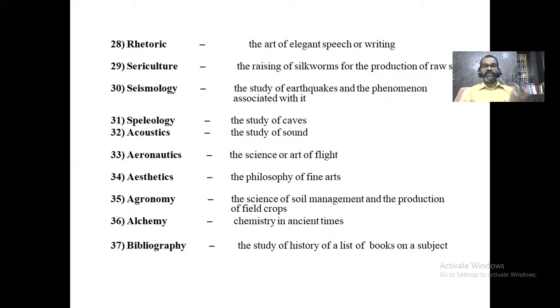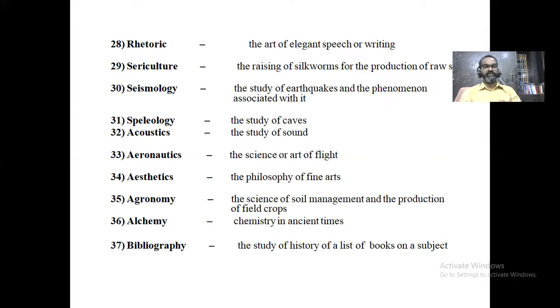And agronomy. Agronomy is the science of soil management. Agronomy, agriculture: you connect it actually. Agriculture, agronomy, agri. When you go on seeing, some words are connected. When you look very keenly, you understand what it is. Agronomy is the science of soil management and production of field crops.